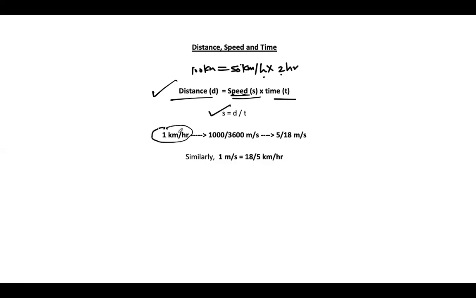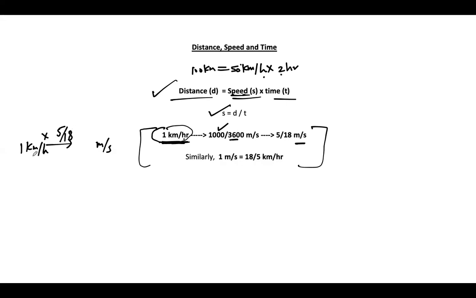This is not important, okay? In order to convert kilometer per hour to meter per second: 1 kilometer is 1000 meters, and 1 hour is 3600 seconds, which is equivalent to 5 by 18.